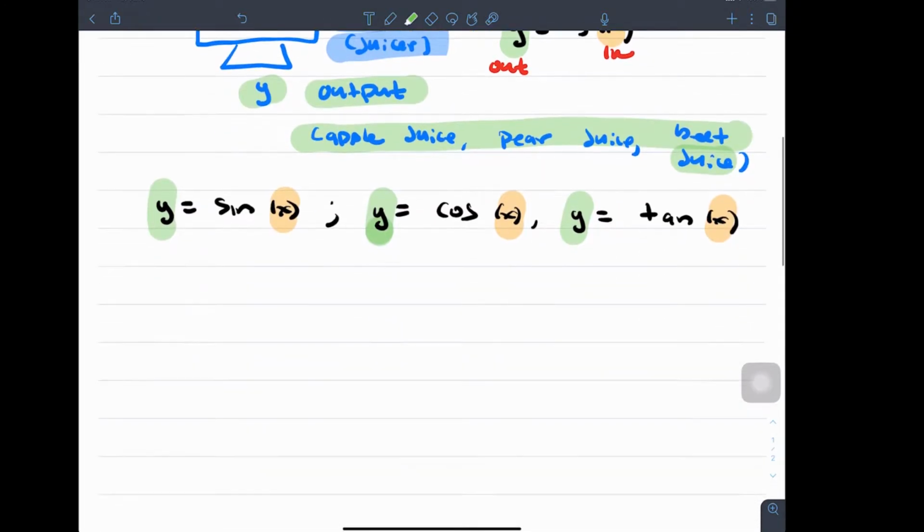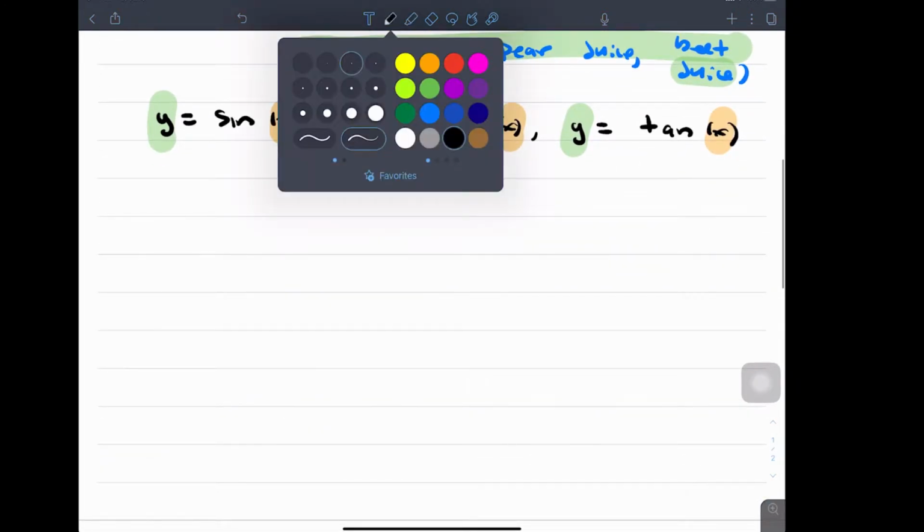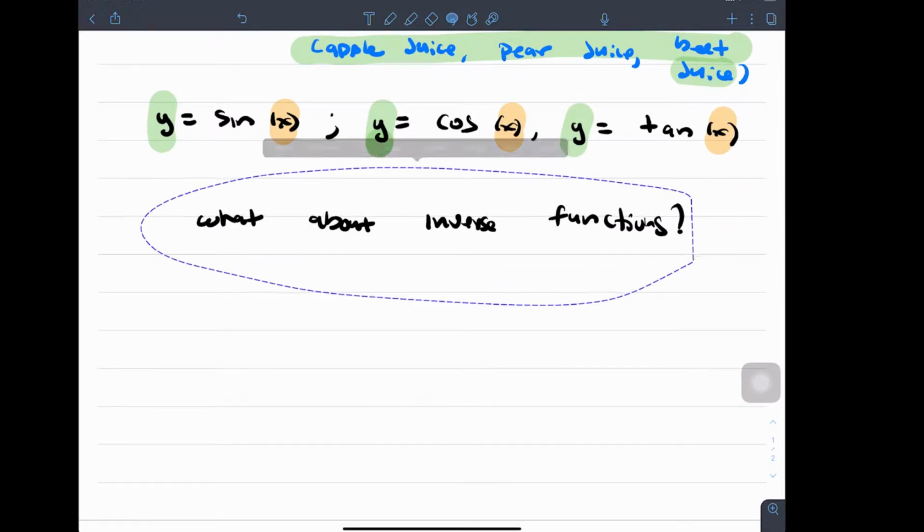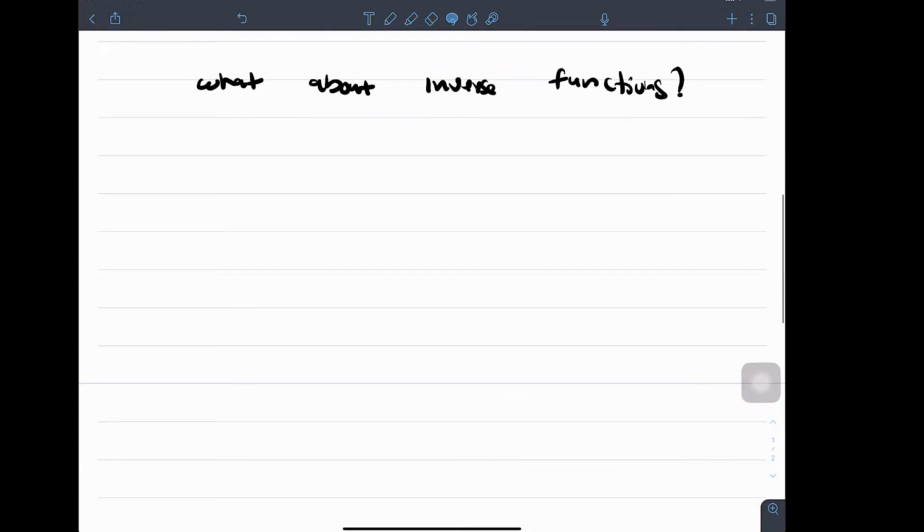Now, you say, well, what about this inverse function now, right? Because I have to introduce this to you guys. What about inverse functions? You say, what in the world are those? Well, think of it as reverse functions.